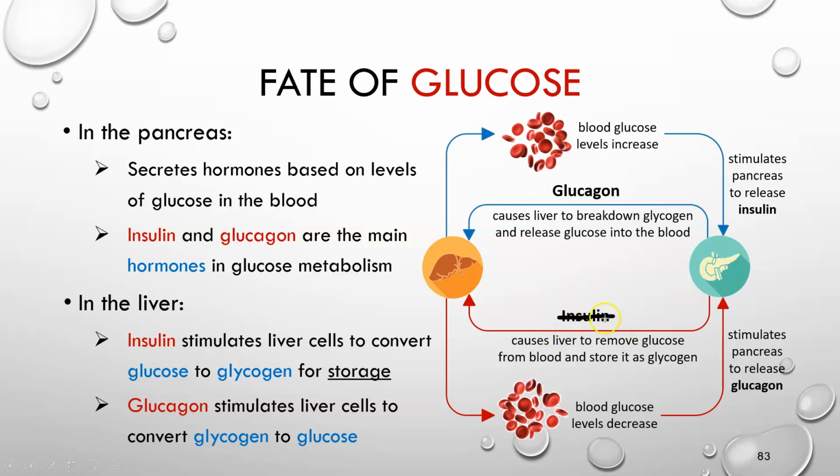So imagine there's no insulin, and therefore this function is gone, right? So what happens? You are unable to control your blood glucose level because you only can release glucose into the blood, but you cannot store the glucose as glycogen anymore.